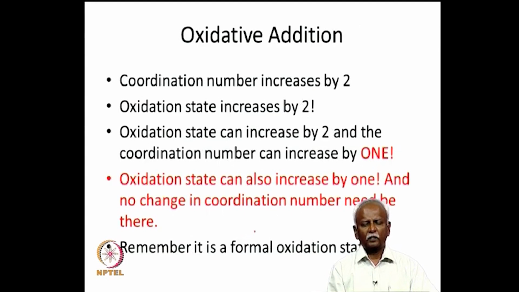Now, coordination number increases by 2 during oxidative addition, and so with the same count you can have reductive elimination, but reductive elimination will be accompanied by a reduction in the coordination number and in the oxidation state. So, reductive elimination will lead to the opposite behavior, that is, a decrease in the oxidation state and decrease in the coordination number.